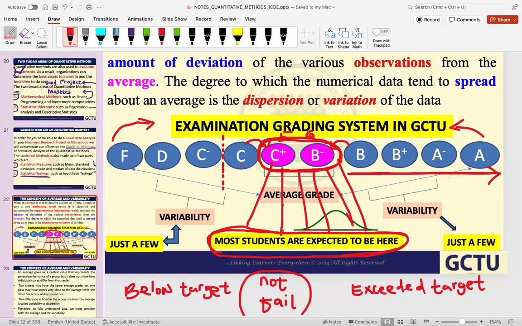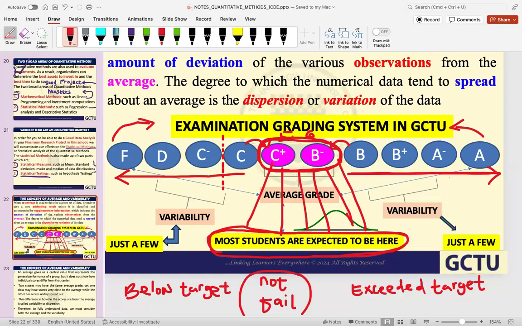But what the school discourages is for you to come to this other side of the average. That one is not too good for you. So the average point is a point whereby in business, organizations also expect most workers to be.